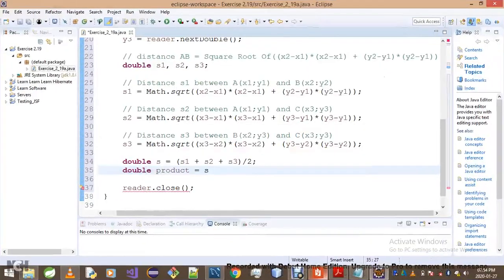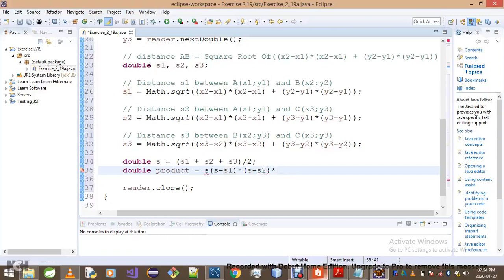so it's pretty straightforward. We go S minus side 1, we multiply that by S minus side 2, oh, not side, it's actually S minus S1, S minus S2.